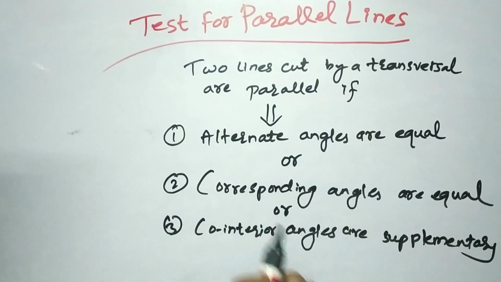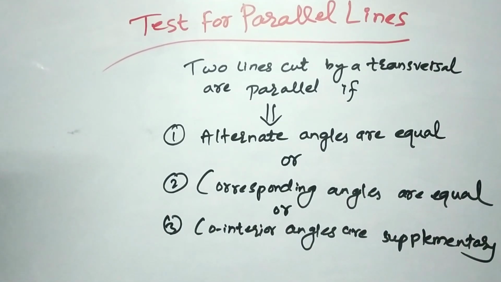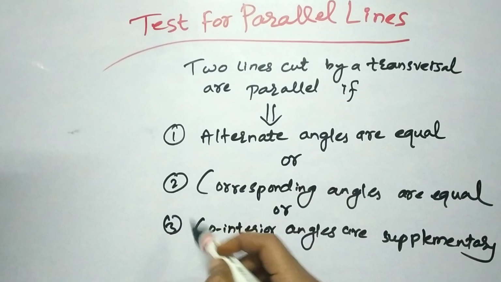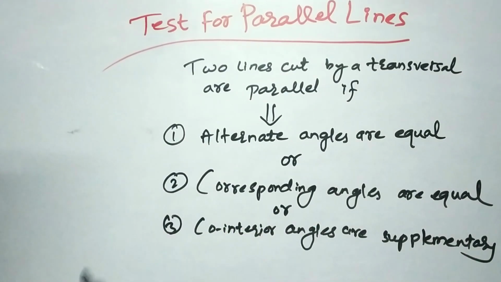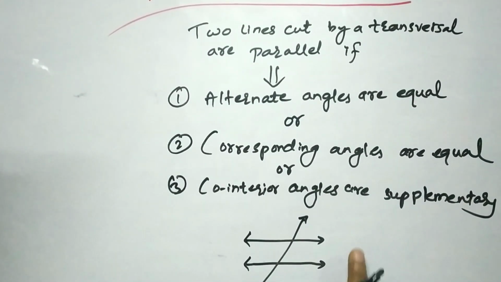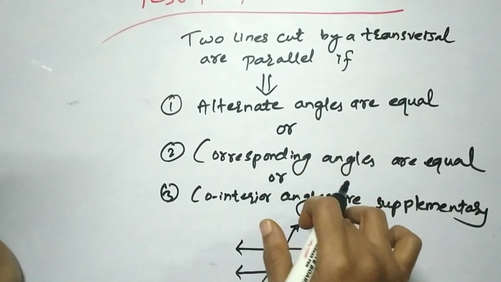So this is the test for parallelism, or test for parallel lines, meaning whatever properties we have just discussed about parallel lines and the angles formed by a transversal, we can use to check whether the given lines are parallel or not. You can go for these three properties.